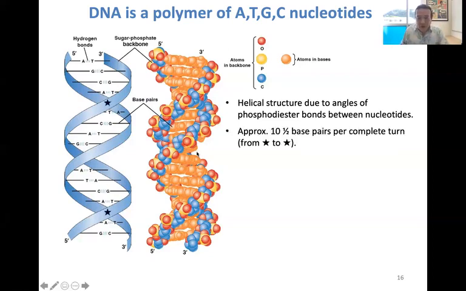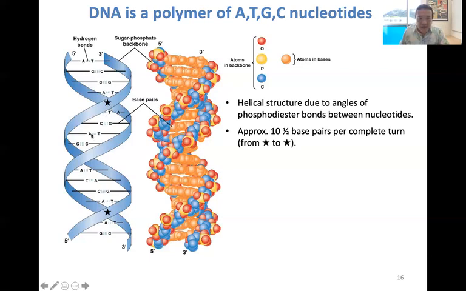So if you were to look at the turning of this alpha helix, one complete turn of this, let's say if you put a little star right here as the start, and then if you were to follow it around, it goes around and back, and then it comes in front again. And once it reaches that same spot again, you put a star there. That's one complete turn of the staircase.